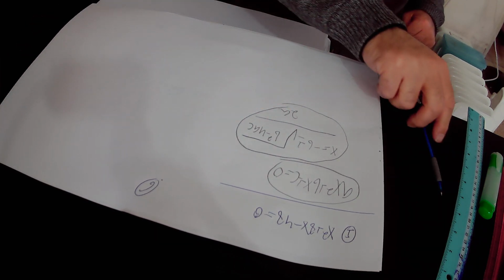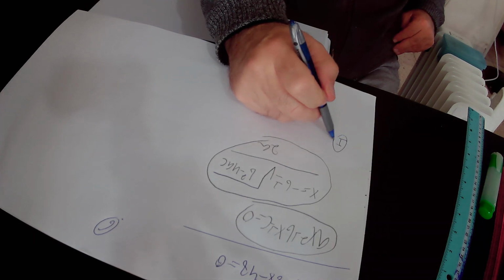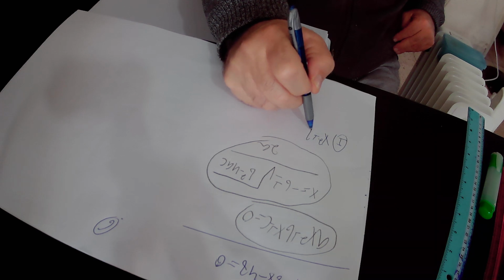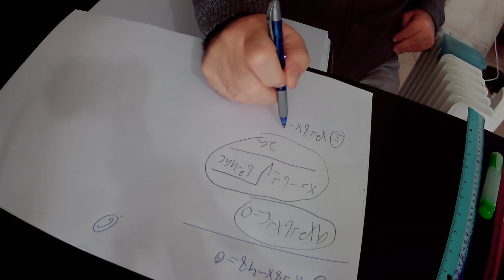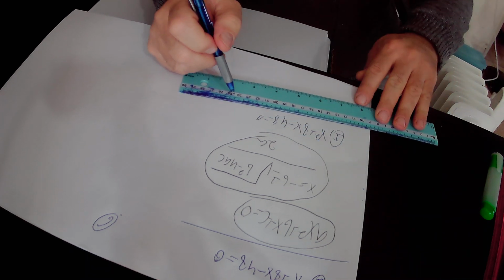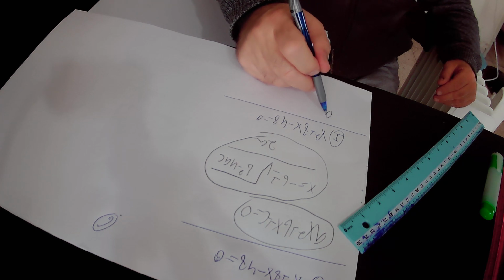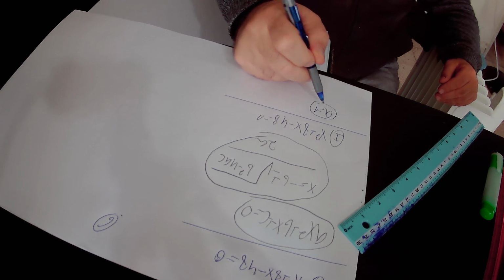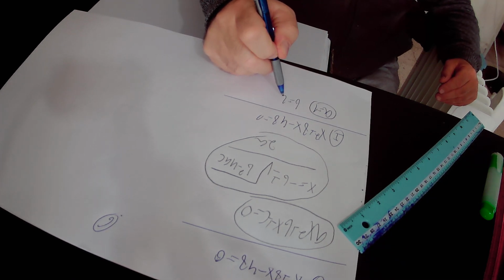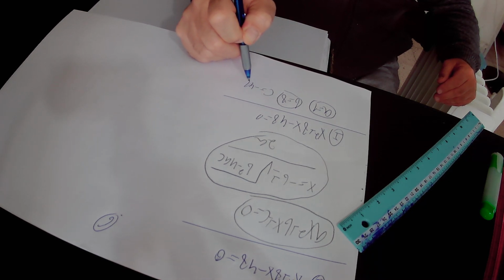In our specific quadratic equation, that is to say x squared plus 8x minus 48 equals 0, the coefficient a equals 1, the coefficient b equals 8, and finally the coefficient c equals minus 48.